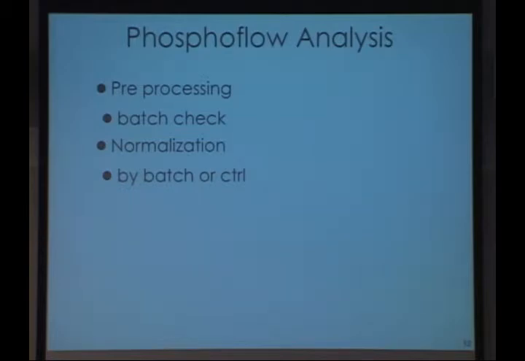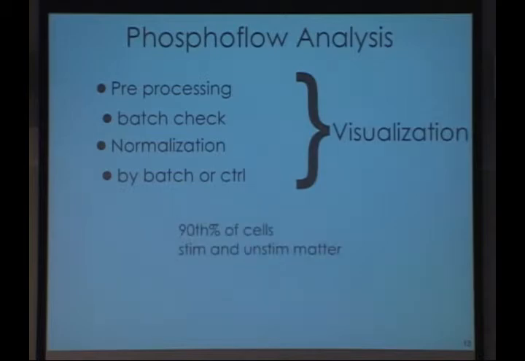And then the question comes up is how do you, so first you need to check for that. And then how do you deal with that? And the way that, I'll just give you the punchline right now, and of course, after each step, visualize. So just as sort of a technical point, we typically look at the 90th percentile of cells. We can talk about why that's important or the choice we made on that.